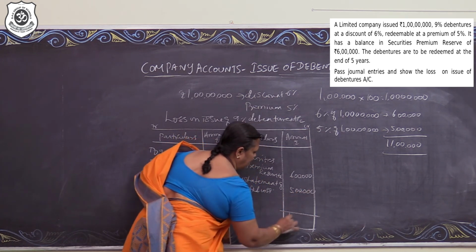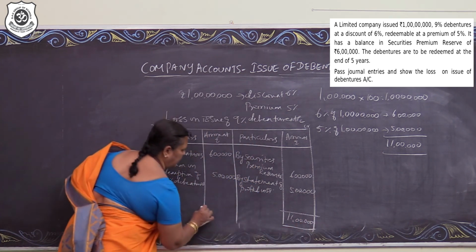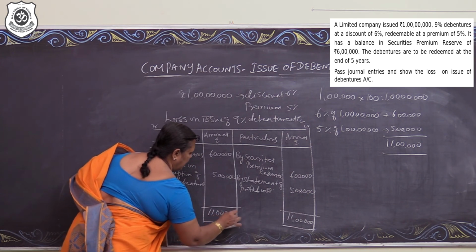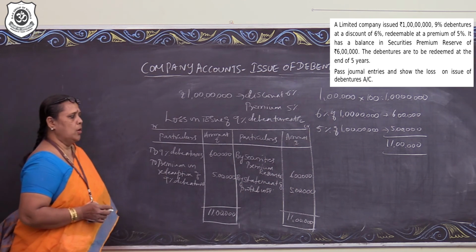Therefore, entire 11 lakh is written off in the same year in which it is incurred. There will be no balance left in the loss on issue of debentures account.